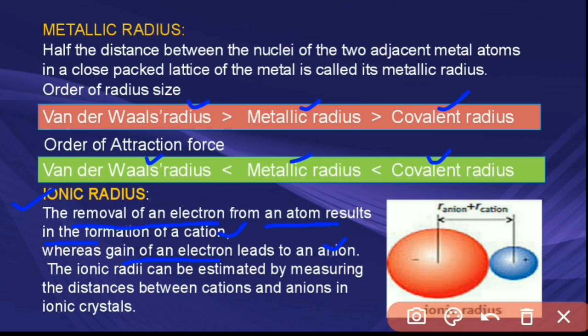When the two ions combine and form an ionic compound, the radii can be estimated by measuring the distance between cation and anion in the ionic crystal. See the diagram in which the larger one is the anion and the smaller one is the cation. So this distance between nuclei is called internuclear distance, and its half distance we can call the ionic radii.